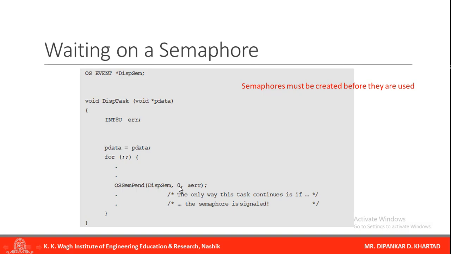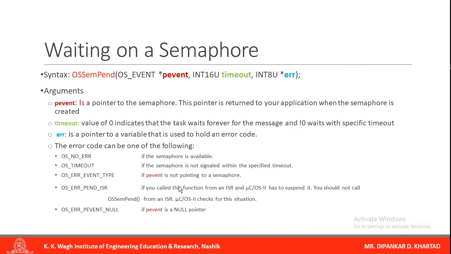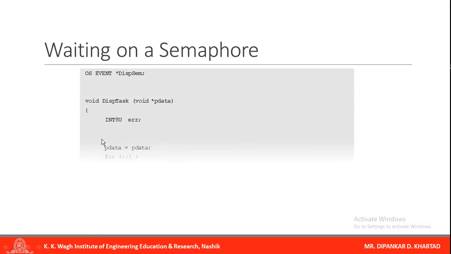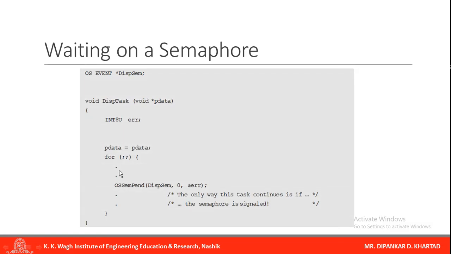We have discussed it: 0 is the timeout, and a timeout of 0 indicates that the task waits forever, and not 0 indicates waiting for a specific time. This is how we will use the semaphore. So this task will continue when the semaphore is signaled.